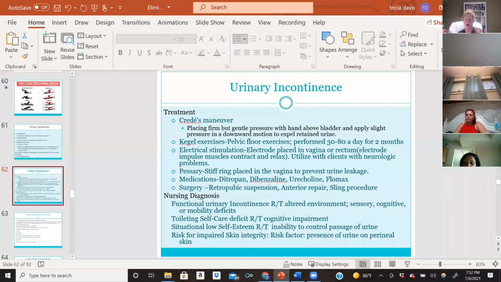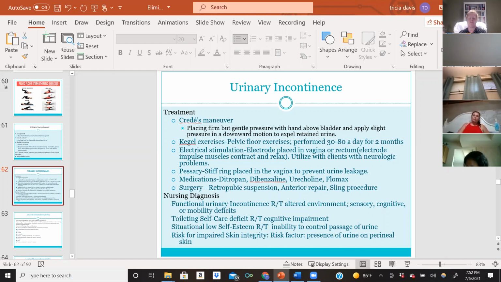So what I would do is while that catheter was still in, I would perform that maneuver and massage the bladder from the outside and push in a downward motion to help expel some of that urine. And usually if that's the case, you will actually get some more urine out. Again, those Kegel exercises, perform 30 to 80 a day for 2 months.